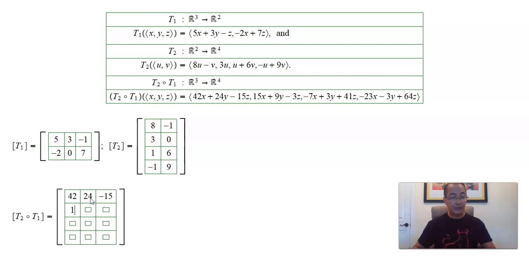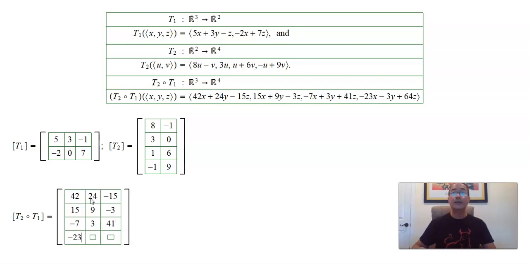Row 2, 15, 9, minus 3. Row 3, minus 7, 3, 41. Row 4, negative 23, minus 3, 64. Okay, so those are the three matrices that we get from this example.